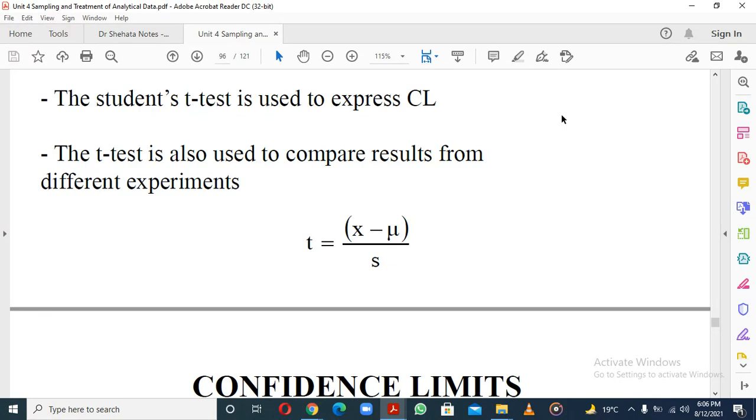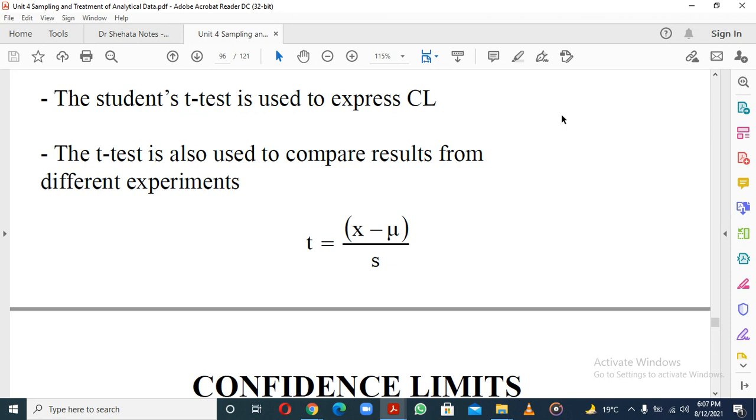So the student t-test is used to express the confidence limit. The t-test is also used to compare results from different experiments. So in case you are studying, those are things you have to write. What are the functions of the t-test, or in which cases do we use the student t-test? We use it when we want to express the confidence limit, and we also use it to compare results from different experiments.